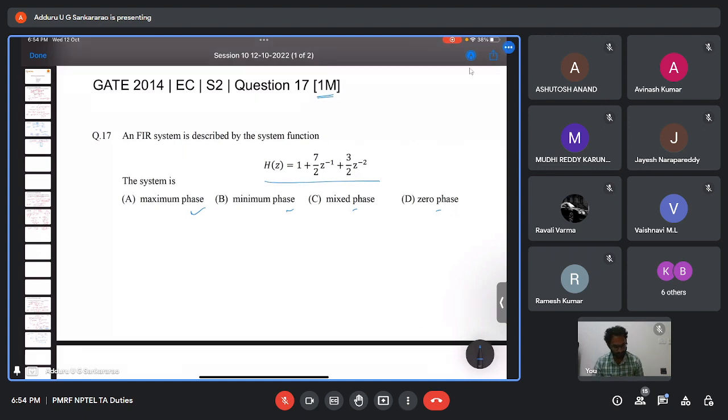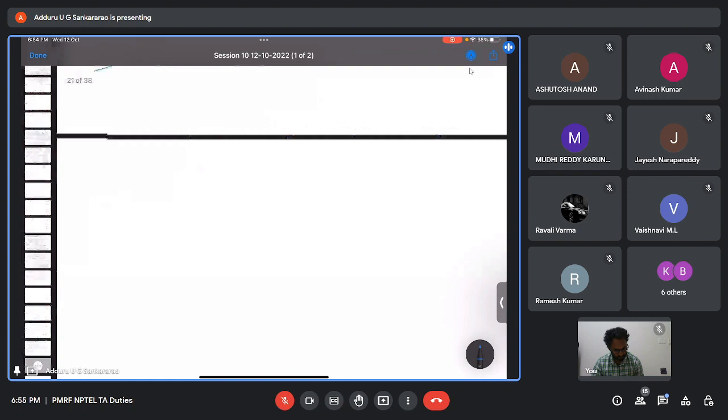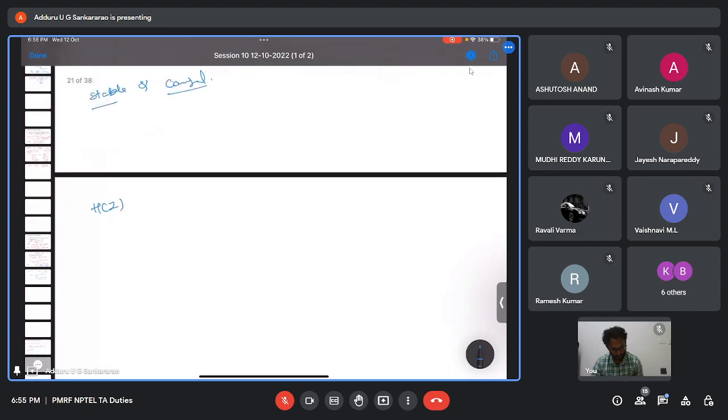Suppose you have an FIR system or some system, and we take it as a stable and causal system. Stable means, as I explained earlier, suppose you have H of z, a transfer function, with some poles.